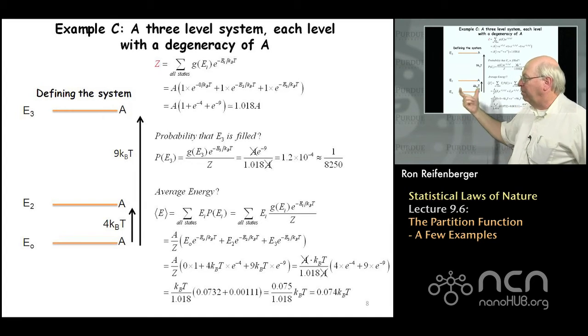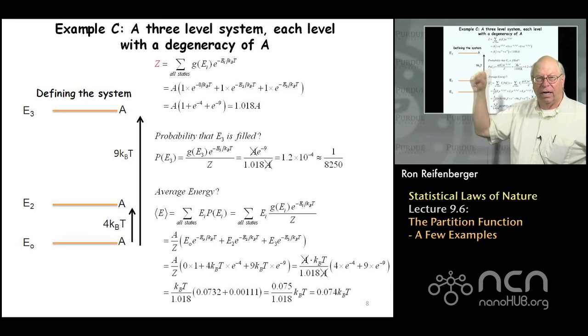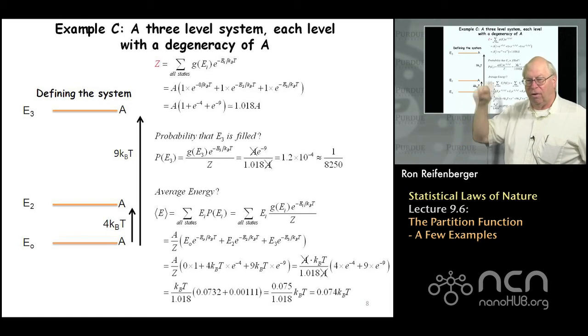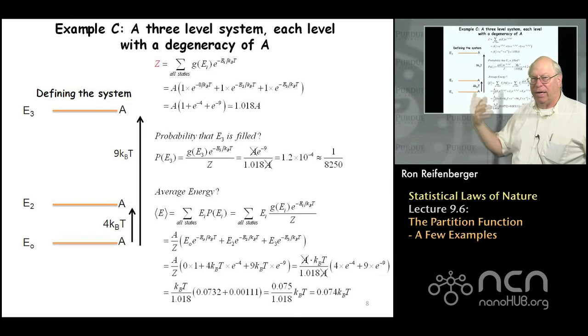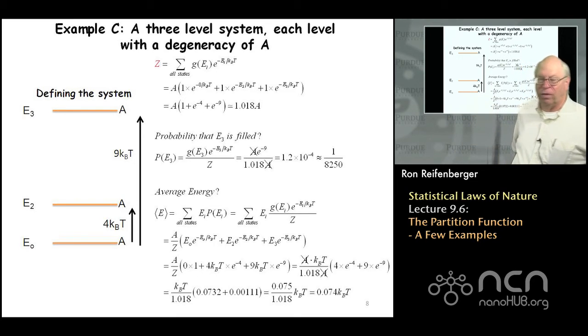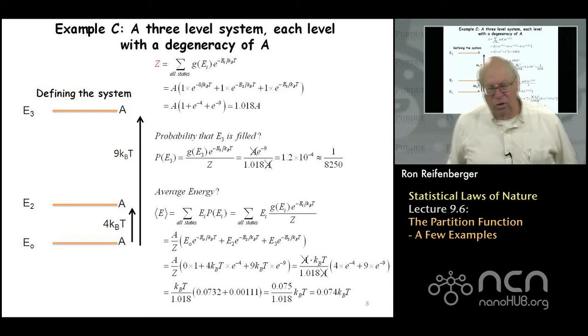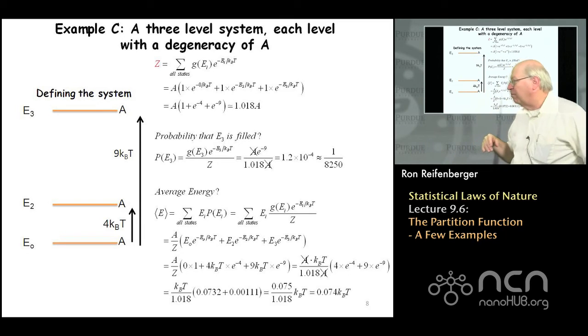So I have thousands of these systems. I drop 1 particle in each system. I let it equilibrate, and then I measure somehow the average energy of the particle in each system. I make 1,000 measurements. What's the average energy of the particle that I'm going to get when I average all those 1,000 measurements of energy?